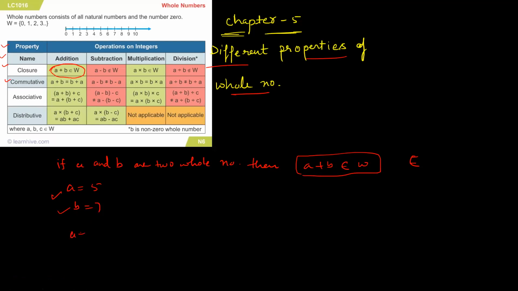Then what is the value of A plus B? 5 plus 7 is 12. So it is very clear from the observation that the sum of two whole numbers is also a whole number. Yes, you can write this in your rough or HW copy, because it is going to help you a lot.